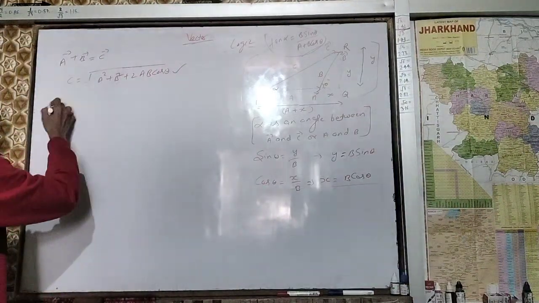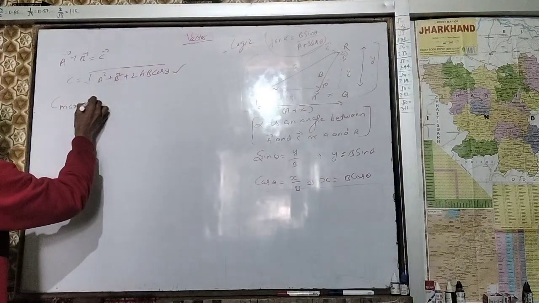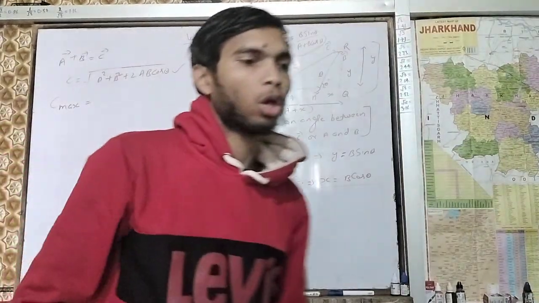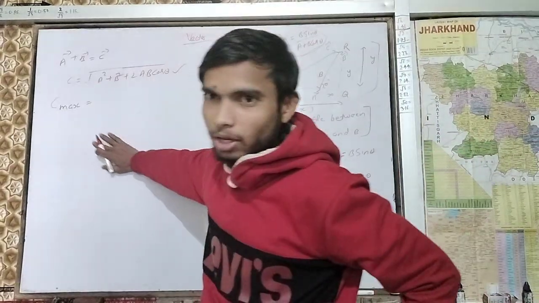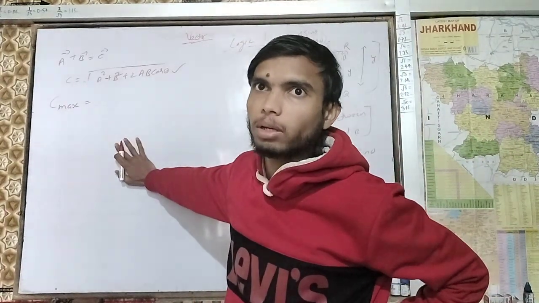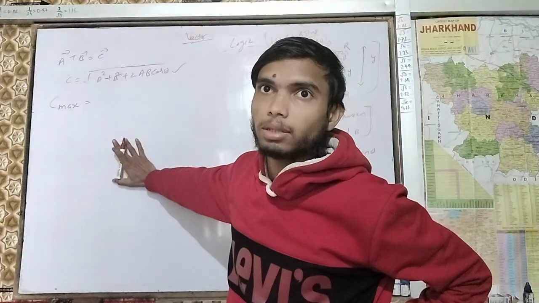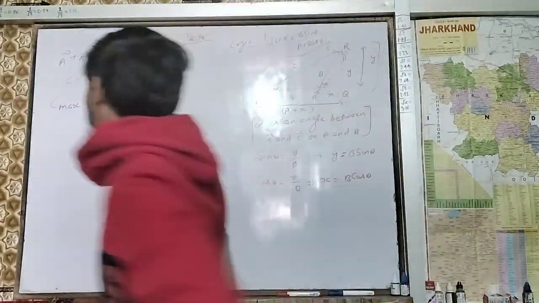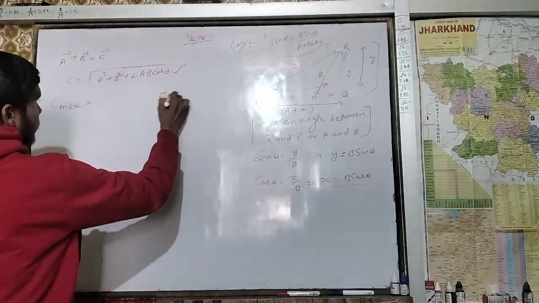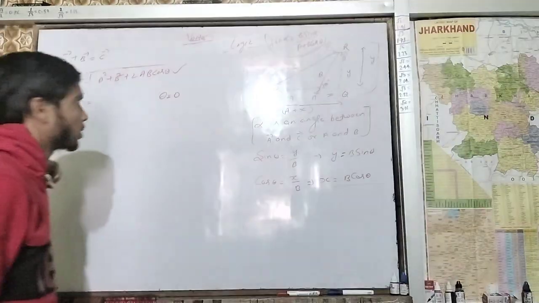Look at it, the maximum value of C. Remember, we get the maximum value of C when theta is 0. If we put theta as 0, then we will get the maximum value.